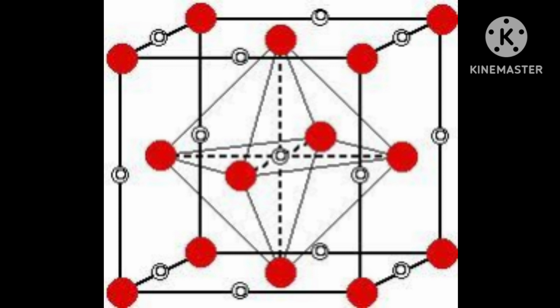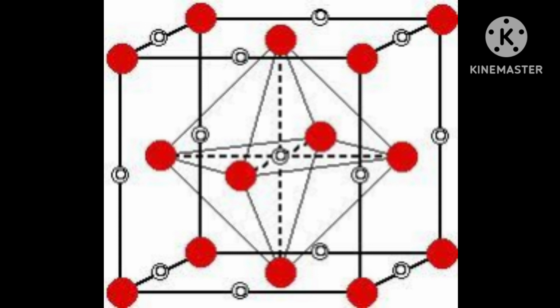Suppose a particle was there, generally we keep C. Now suppose C is not occupied, meaning the atom is not there, but it is surrounded by 6 atoms on face centers.